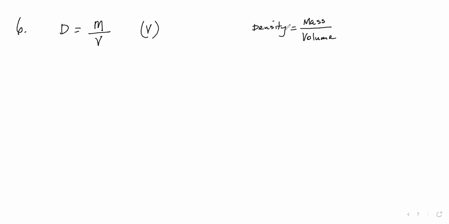Stop writing in the chat. Stop chatting. I want to disable the chat, people. We're going to get some for homework, don't worry. So then D is equal to M over V. Find for V. You can do it, guys.